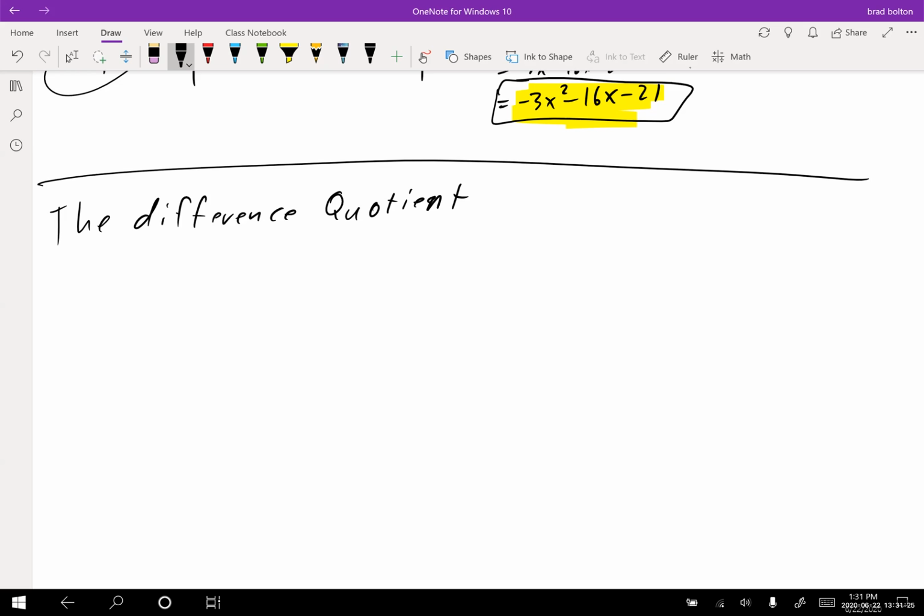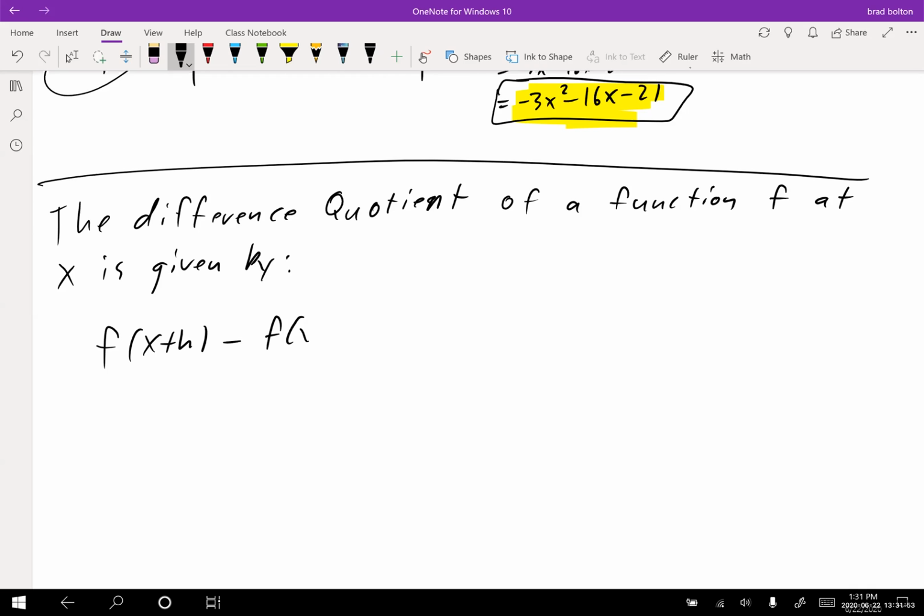The difference quotient of a function f at a given x is f of x plus h minus f of x all over h.